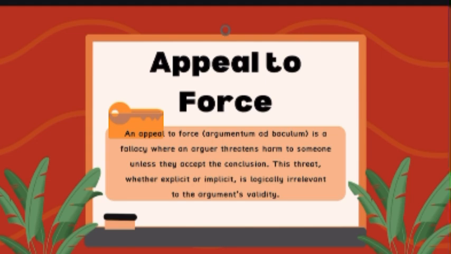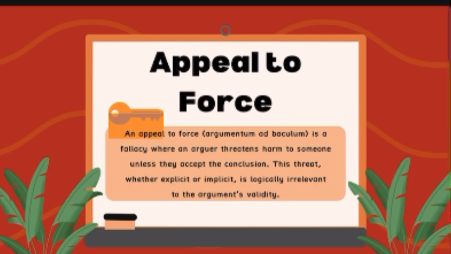So in simple terms, this appeal applies harm or force to someone to make them believe the conclusion, or to believe their analogy or what they think about the thing, so that they would accept it, even though they would apply force or force someone to believe it.